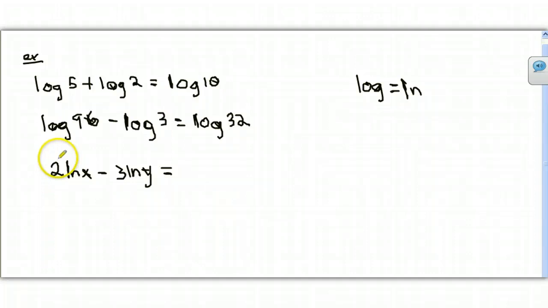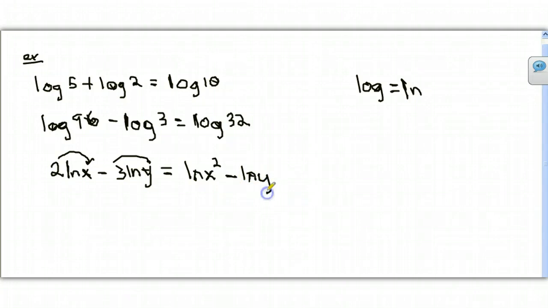You can't have anything in front of the log. So the 3 got to come over here too. So you're going to have what? ln x squared minus what? ln what? y to the third.